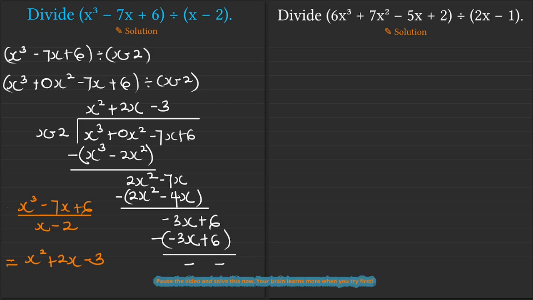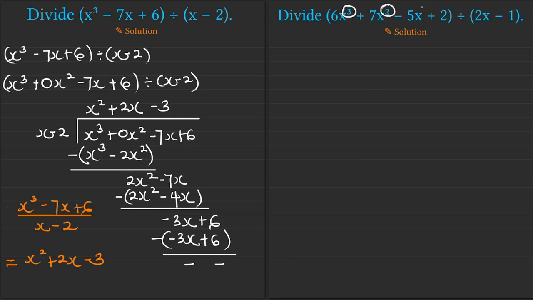So we have our third question here, which says 6x cubed plus 7x squared minus 5x plus 2, and that is being divided by 2x minus 1. You see, with this, you realize that the powers are already in their right form, in descending order. Hence, we wouldn't have to change anything.